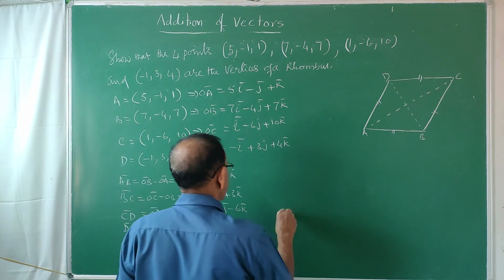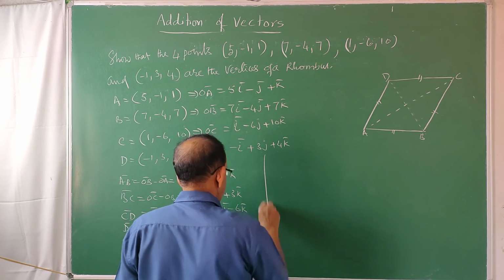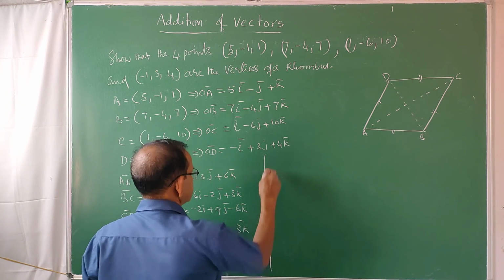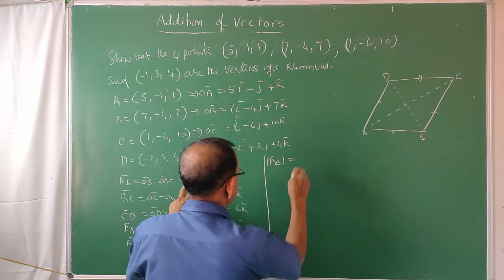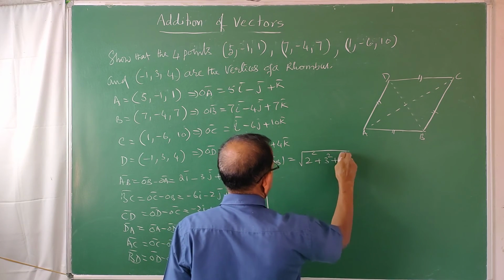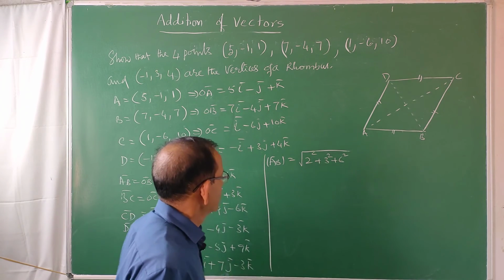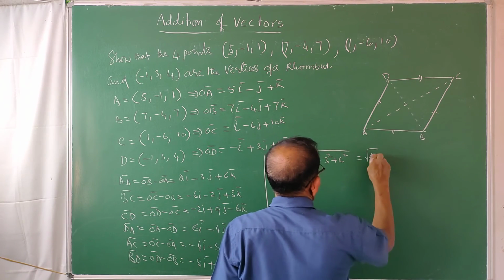Now I have to find out the moduli. So, what is the modulus of AB bar? You will get the lengths of the sides. Root of 2 square plus 3 square plus 6 square, equal to root of 4 plus 9 plus 36, that is root of 49, which is 7.